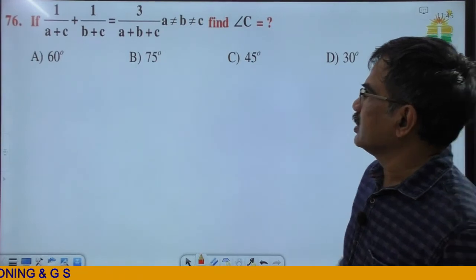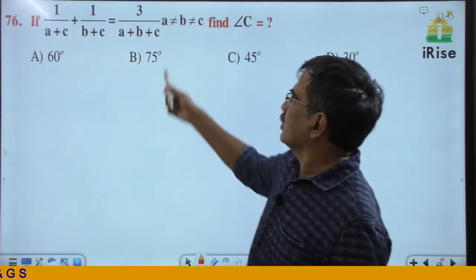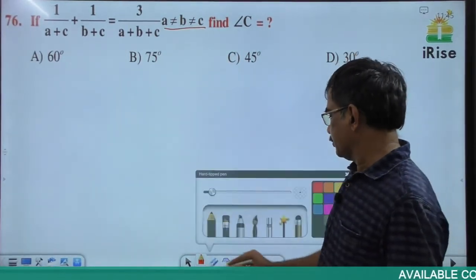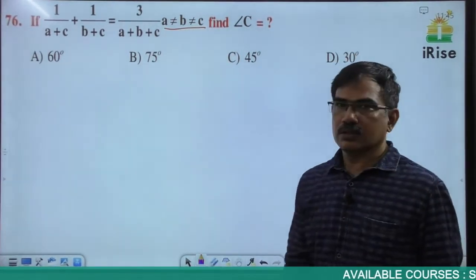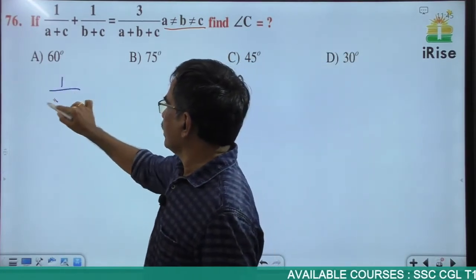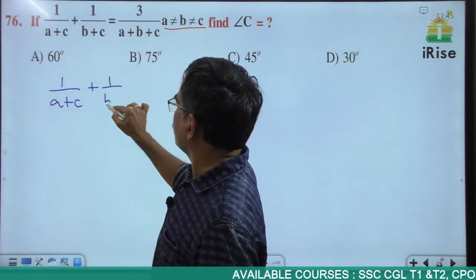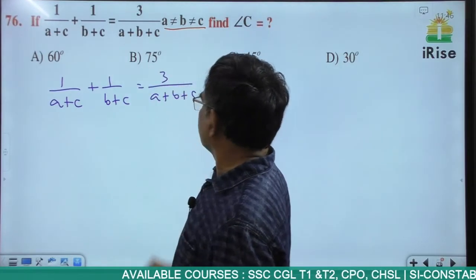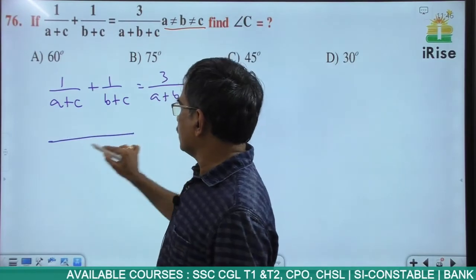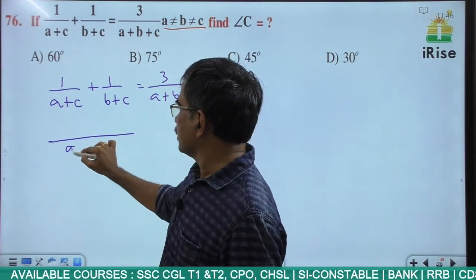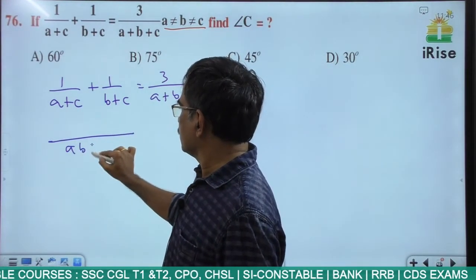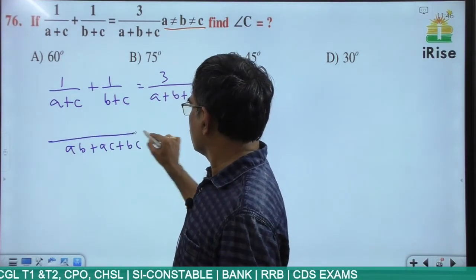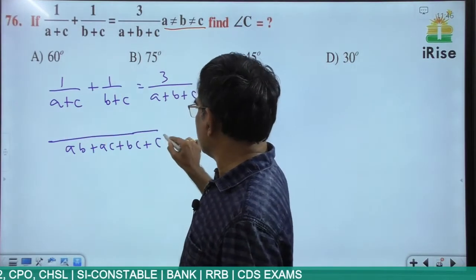If 1 by a plus c plus 1 by b plus c is equal to 3 by a plus b plus c, where a, b, c are not equal, then what is angle C? Here, I want to write this with LCM as ab plus ac plus bc plus c square.